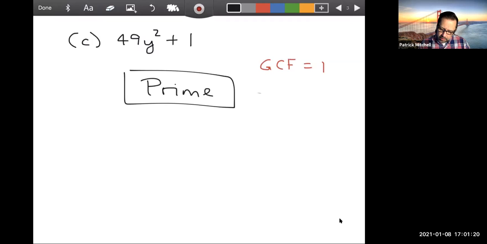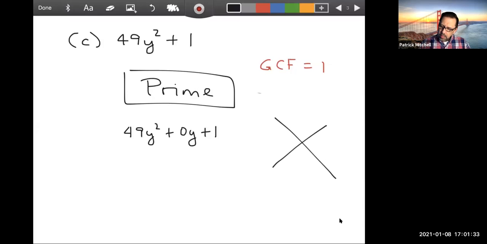Imagine thinking of this as 49y squared plus 0y plus 1. And think about how we factored these things in the last section. Remember where we made the little diagram? So suppose I wanted to come up with numbers that add up to 0 and multiply to a times c, which in this case would be positive 49.